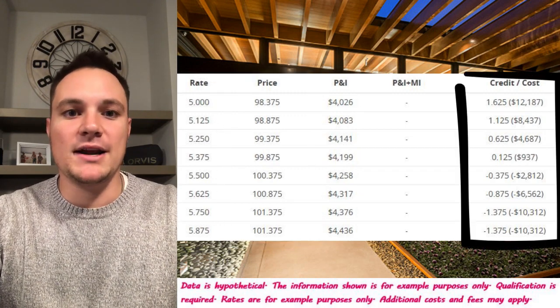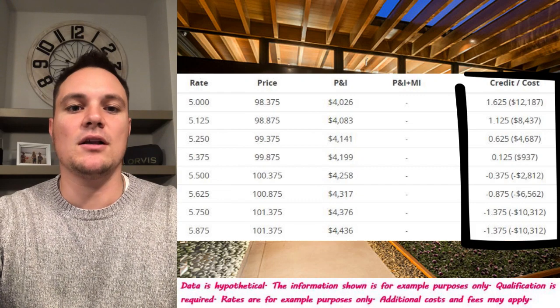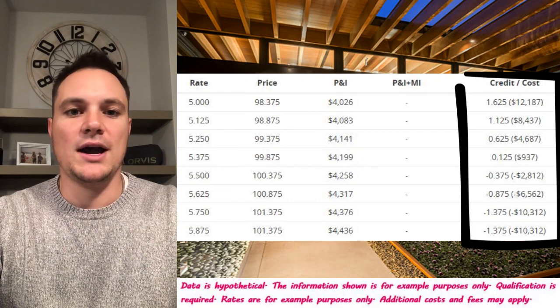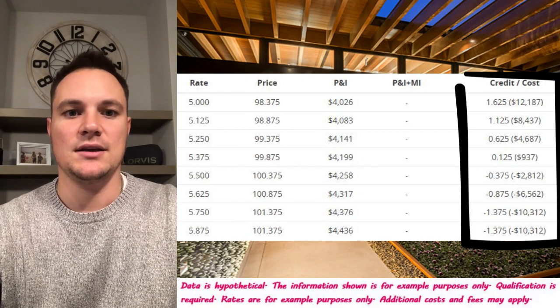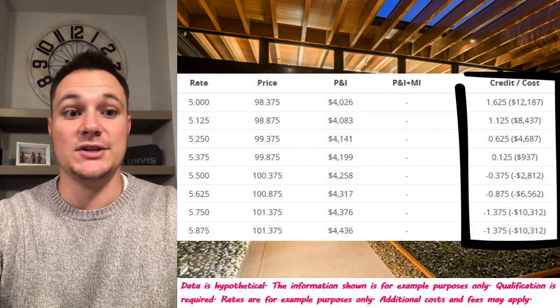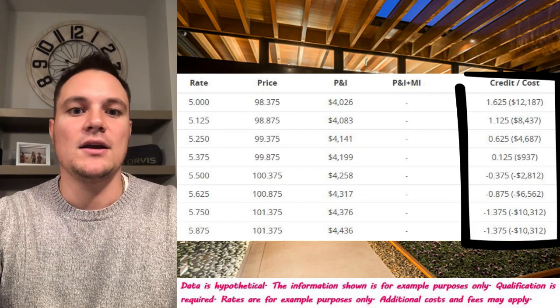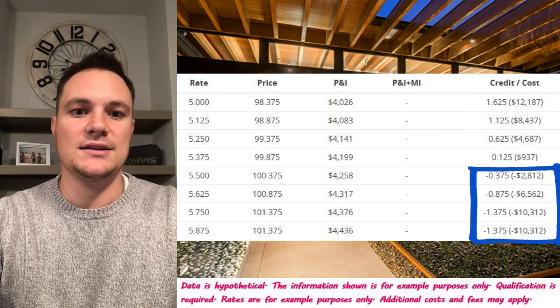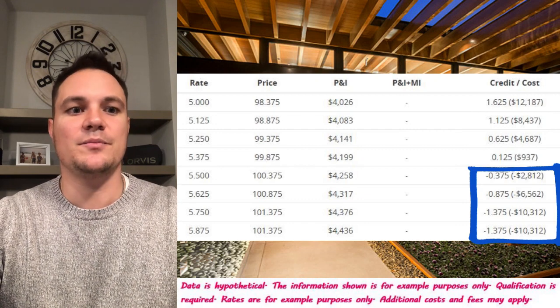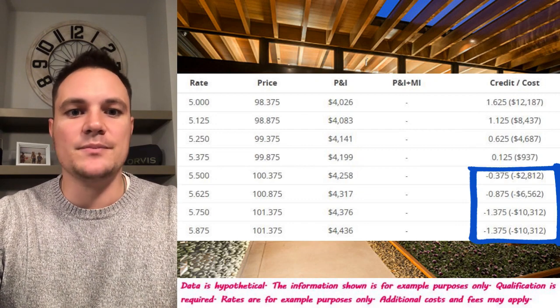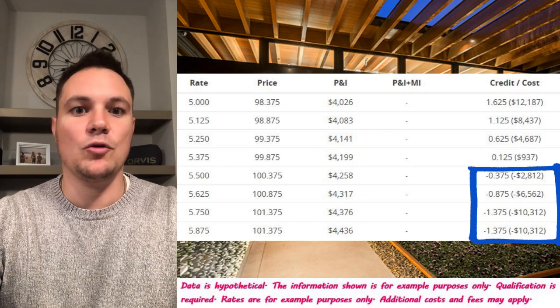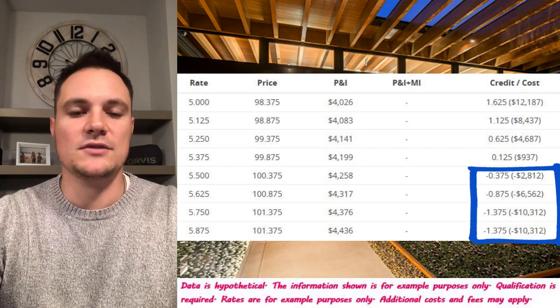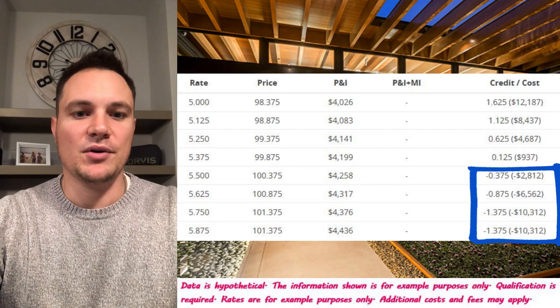But on the far right-hand corner, you see the credit/cost column. This will tell you how much you get back at closing or how much extra you have to pay to get that rate. If you get anything back, it's going to give you a negative value there. So the higher rates towards the bottom give you a negative, or closing cost credit, amount there in the parentheses.